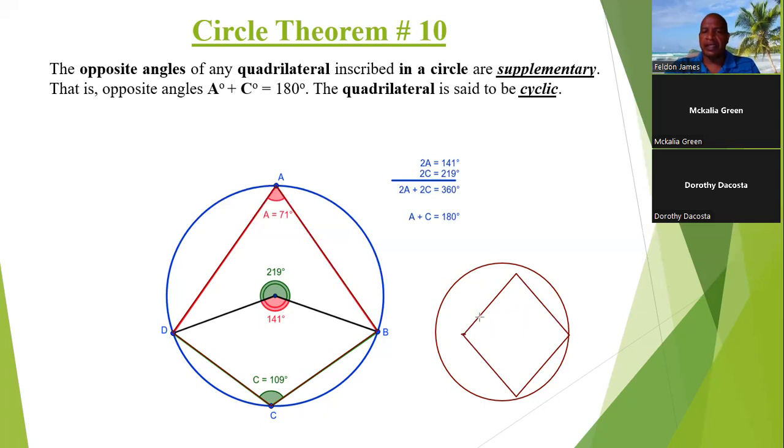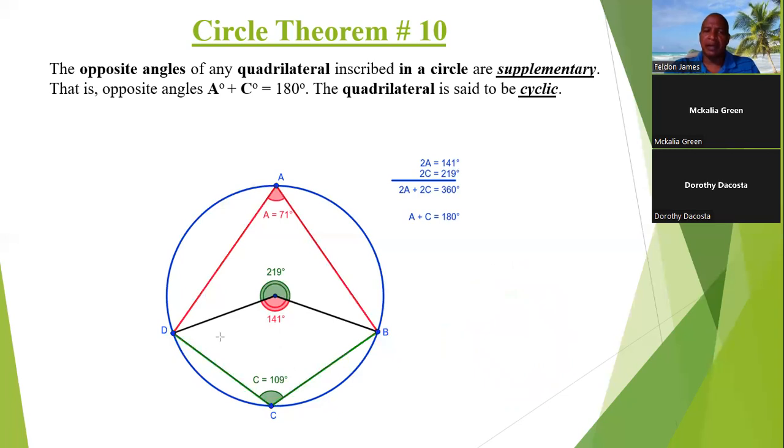So if the angles at the corners of the shape are not touching the circumference, then it is not inscribed.